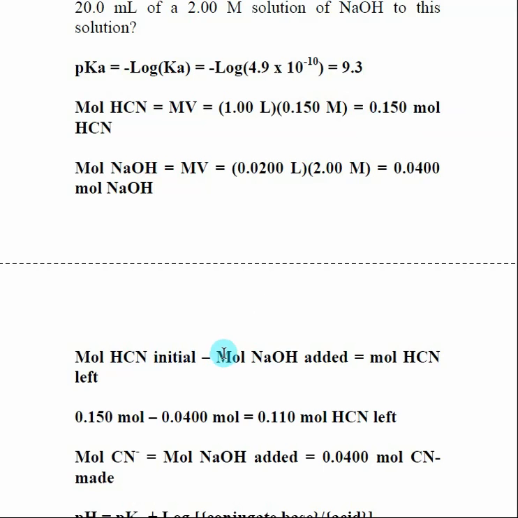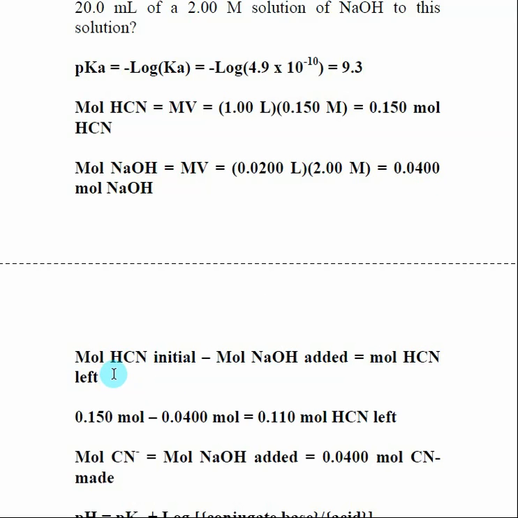I then know how many moles of my strong base I've added. That's right here. And I also know that my strong base reacts with my weak acid in a 1-to-1 mole ratio. So this is going to neutralize my weak acid. So if I take the moles of weak acid and subtract off the moles of my base, that'll tell me how many moles of my HCN are left over. So that's my weak acid.